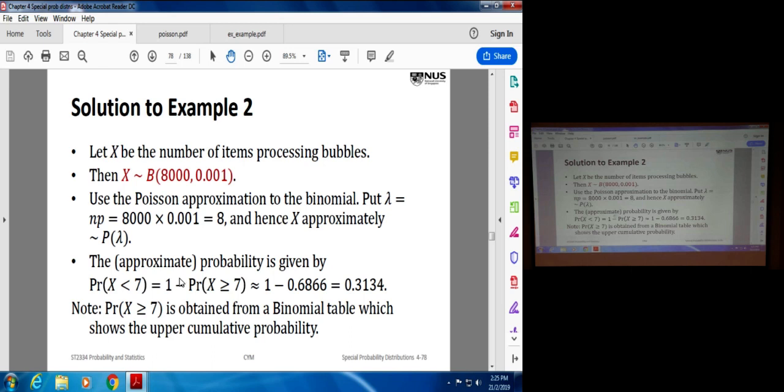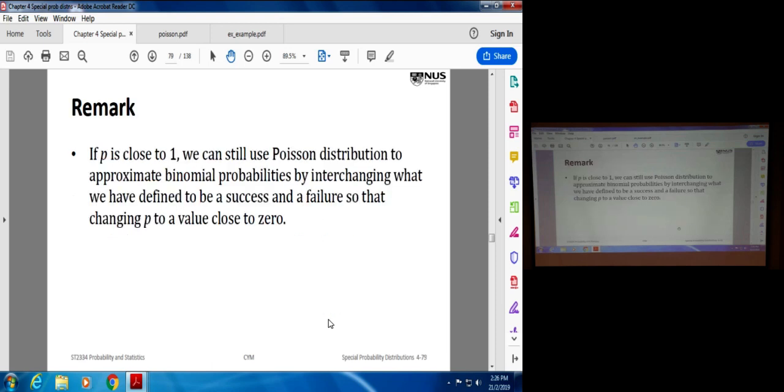Now the probability that X is less than 7 is 1 minus the probability X is greater than or equal to 7, and that's apparently 0.6866. You can get that from a table. You can also compute the probability X is 0 plus dot dot dot plus the probability X is equal to 6 very fast on a calculator, and that would give you the required probability. You can use these tables as well, but that's not important.